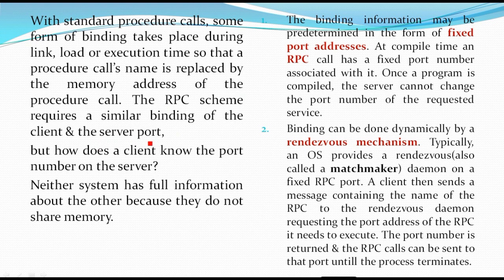But how does a client know the port number on the server? Neither system has full information about the other, because they do not share memory. Now for this kind of binding, we have a solution: the binding information may be predetermined in the form of fixed port addresses.